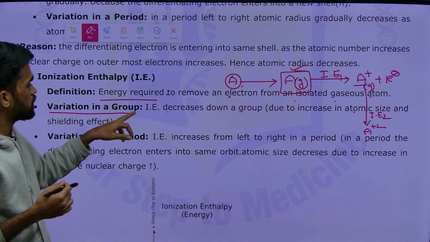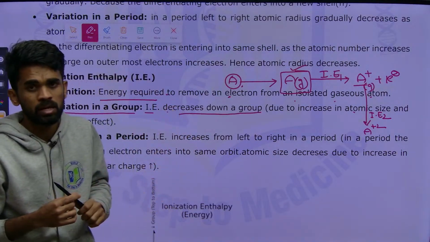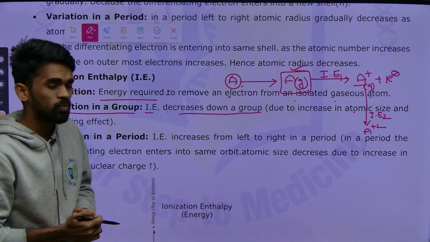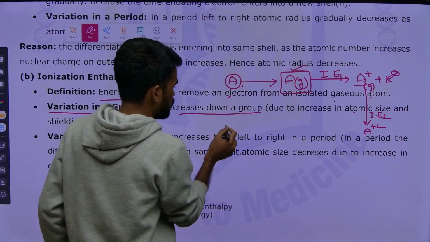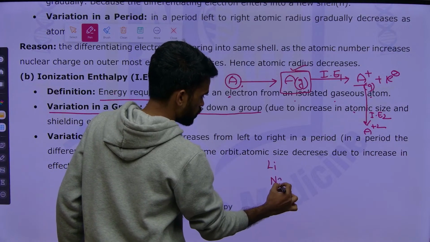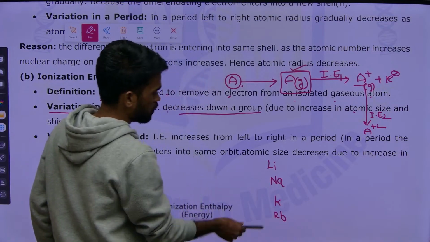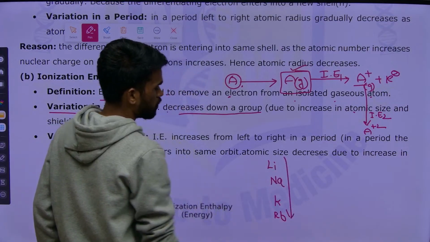Ionization energy decreases from top to bottom in a group in the periodic table. Why does it decrease? Let us take the elements lithium, sodium, potassium, rubidium from the first group.